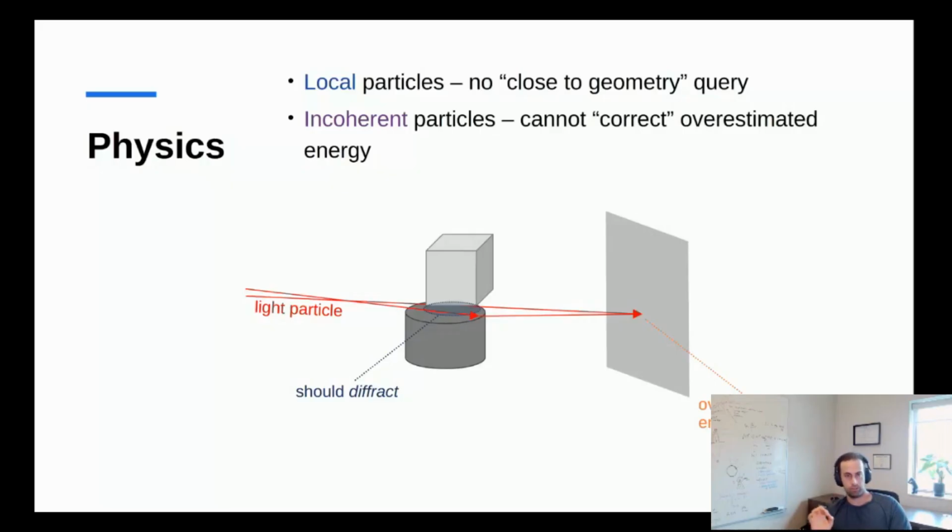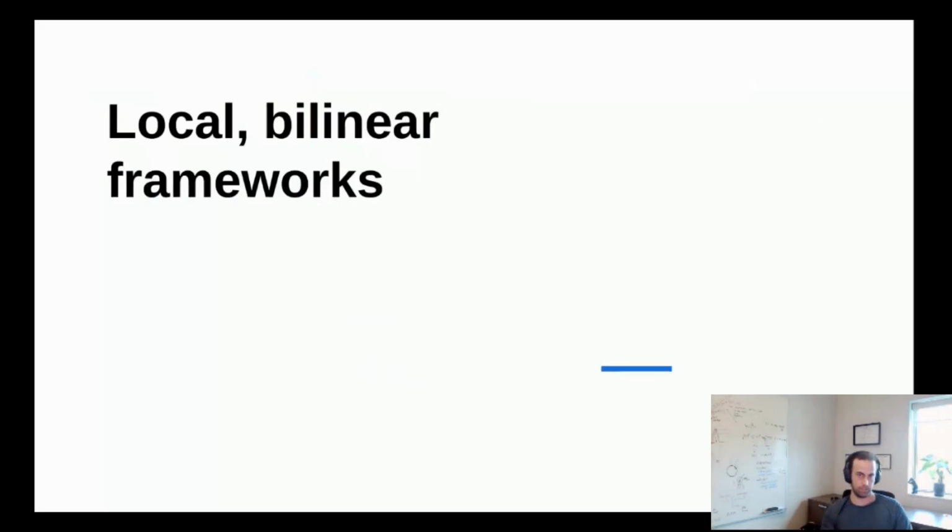What this discussion should illustrate is that it is enough to give up just one of those two key properties and achieve a strictly more powerful light transport framework. So I would like to do so in a way that is the least upsetting to classical sampling tools. So let's start with bilinear frameworks.